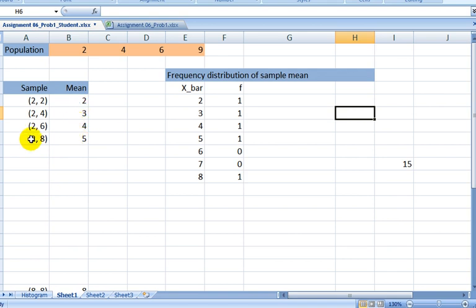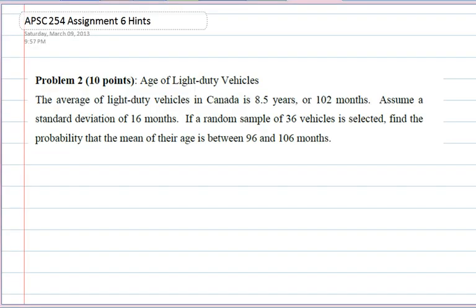Bottom line is, this is basically a permutation problem with allowable repetition.